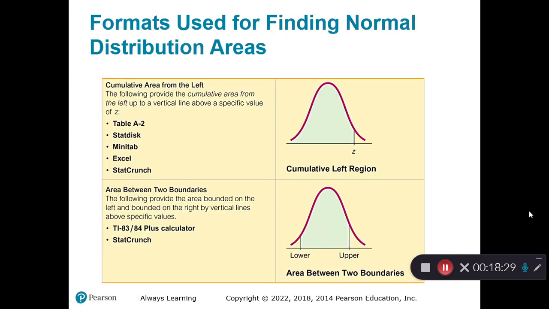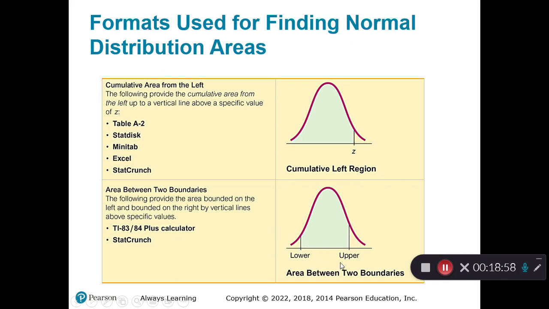Here's a quick summary as to how to use the table. I know I kind of went through it verbally. If we're looking at the cumulative area to the left, then all we have to do is look up the z-score in table A2, and whatever 4-digit decimal is listed for that z-score, that is exactly the area to the left. If we're finding area between two z-scores, we have a little bit more work to do.